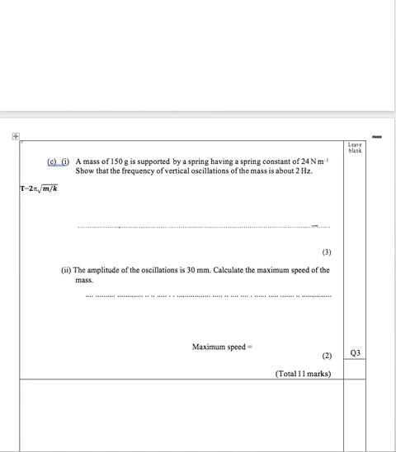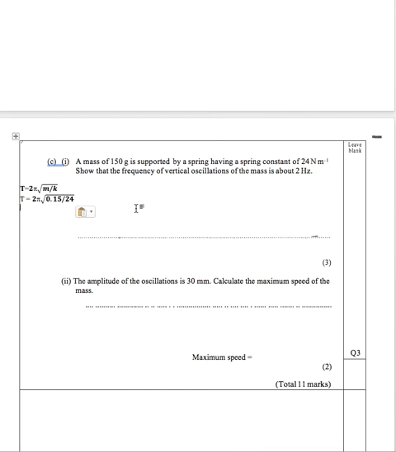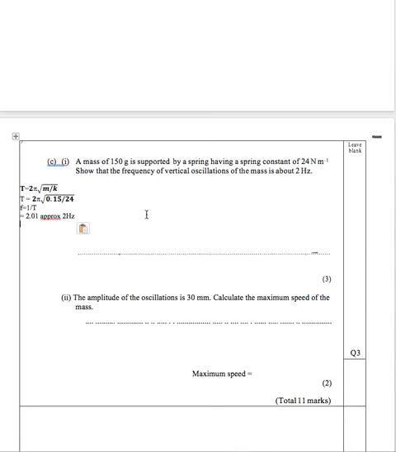If we stick in our numbers there, we get the square root of 0.15 over 24. Of course, we know that the frequency is 1 over the period, and if we do the numbers there, then we get 2.01. To 1 sig fig, that is 2 hertz indeed. To 2 sig figs, it's 2 hertz.